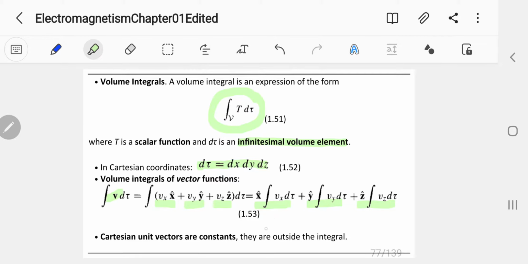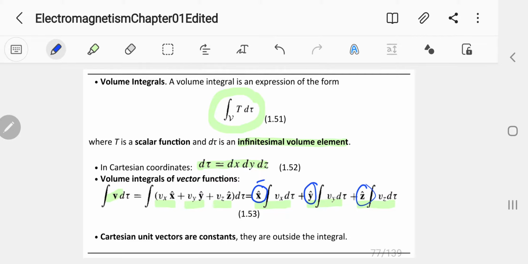For here you have your x hat outside of the integral, because x hat, and of course y hat and z hat, are independent of the space.